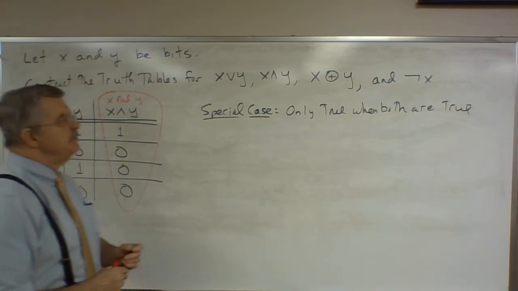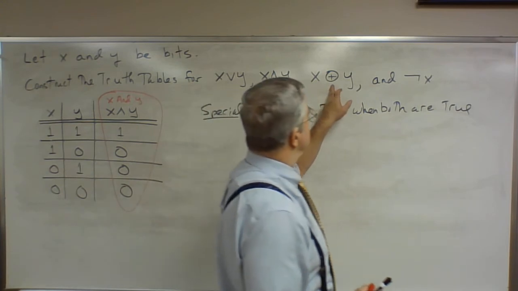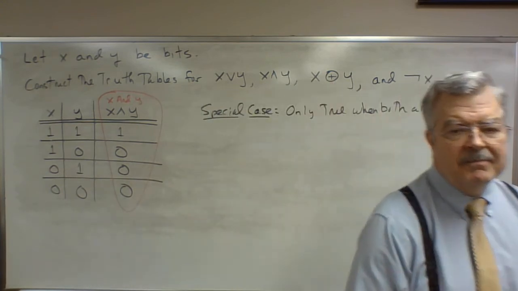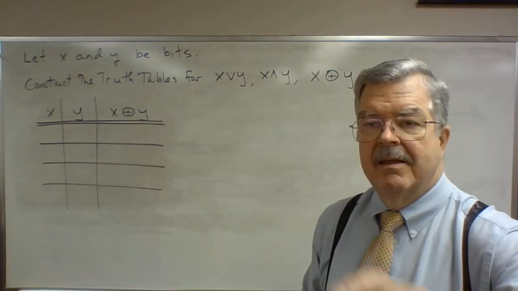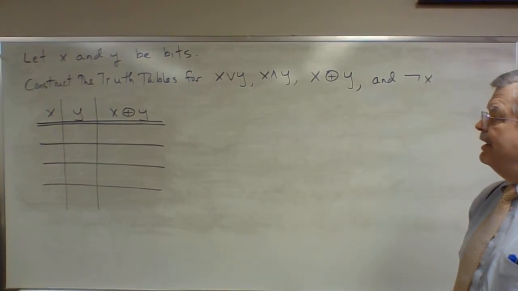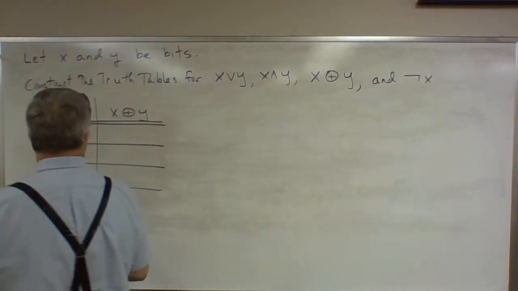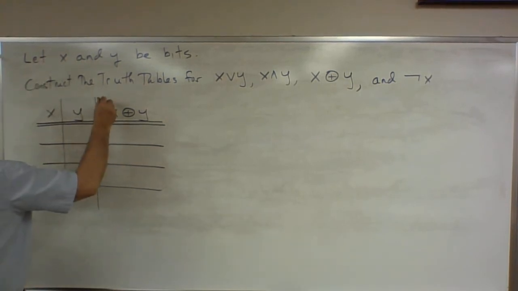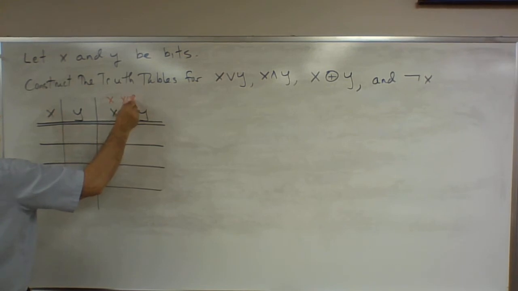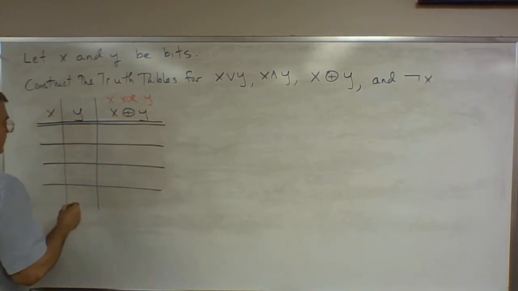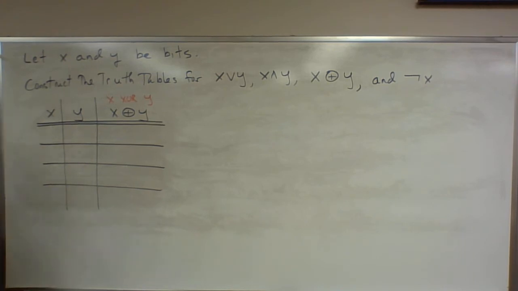Now we're going to do the exclusive OR. Okay, we got our table set up for the exclusive OR. And we could say this is X XOR Y. And we fill out the truth table.